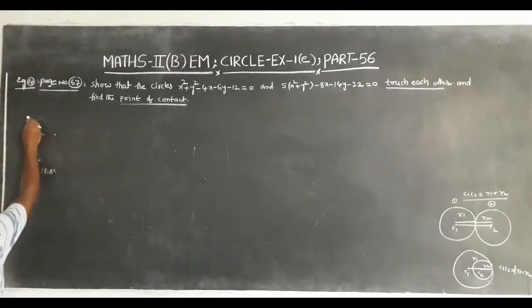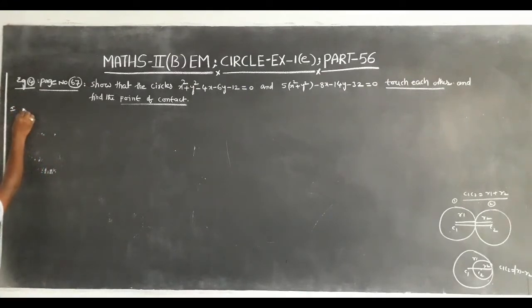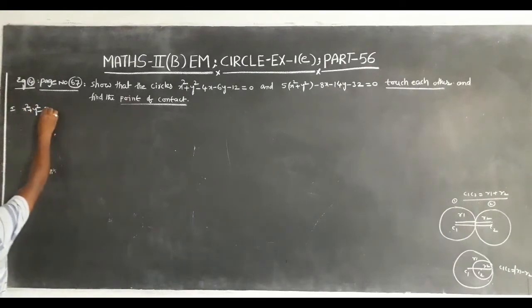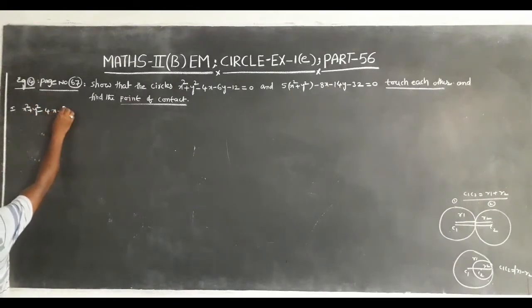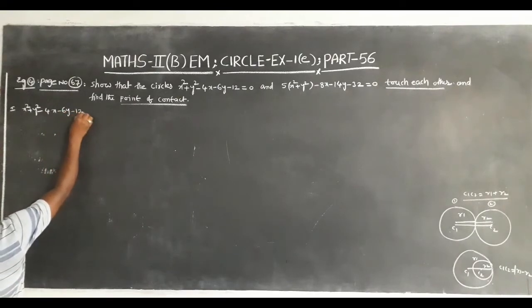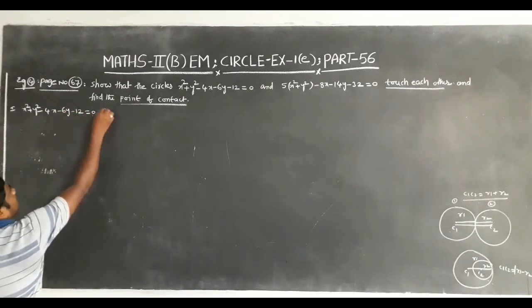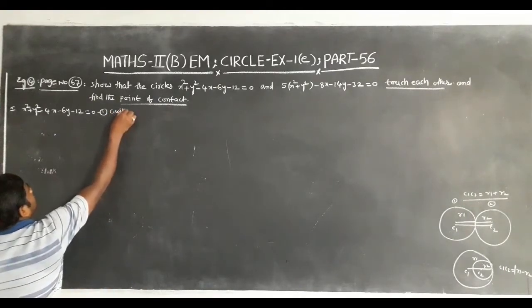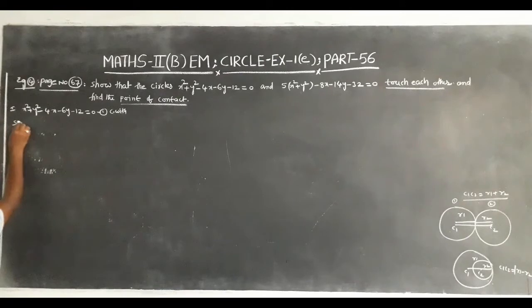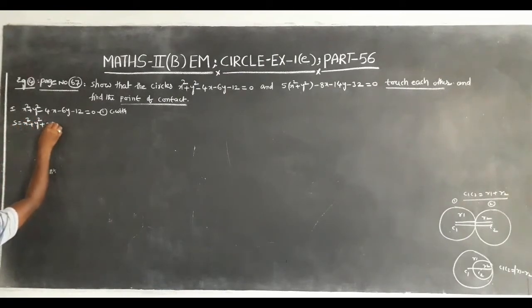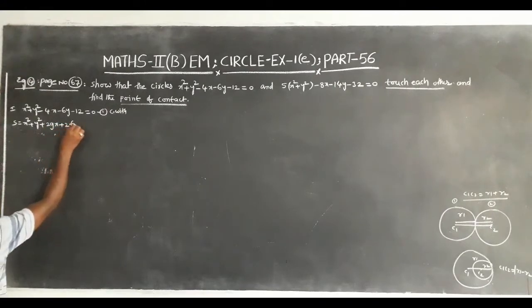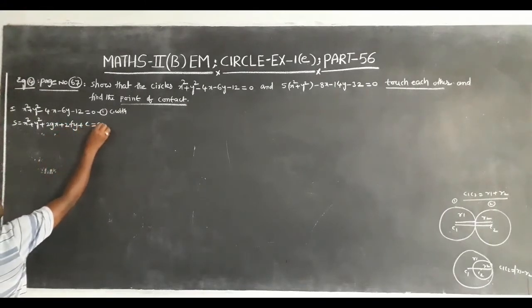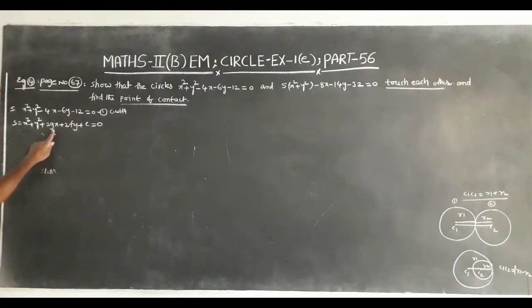Equation of the first circle: x square plus y square minus 4x minus 6y minus 12 is equal to 0. Comparing with general equation x square plus y square plus 2gx plus 2fy plus c is equal to 0.